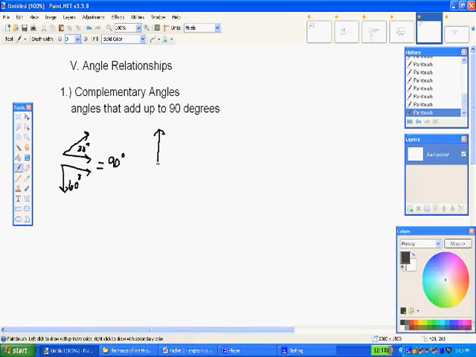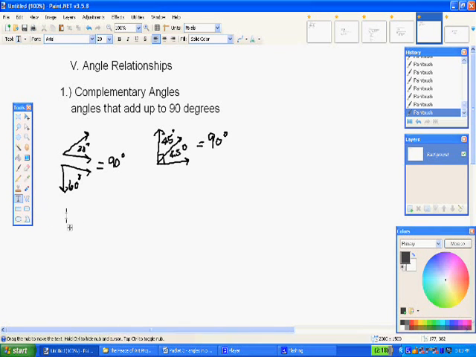For example, you might see two angles put together. They're both 45 degrees. And if you add them together, you get 90 degrees. So both sets of these are complementary angles.